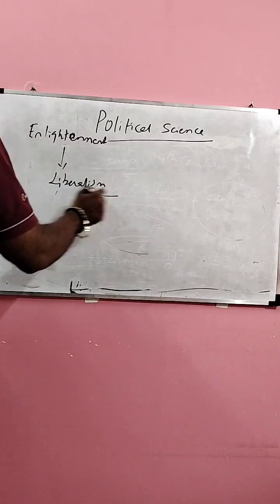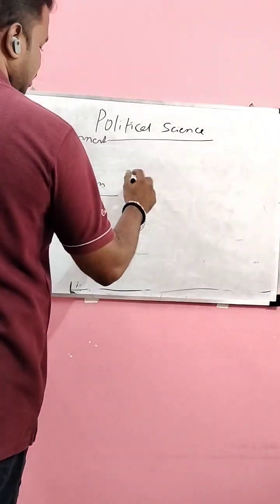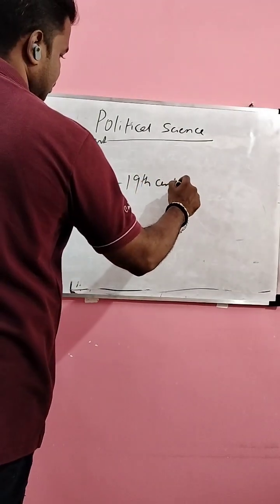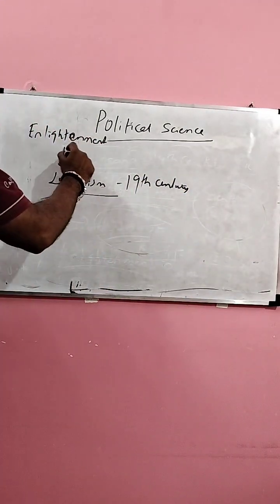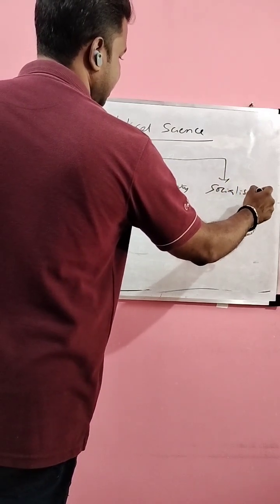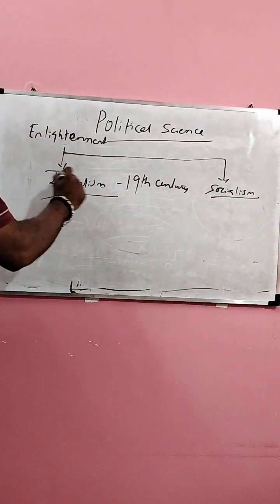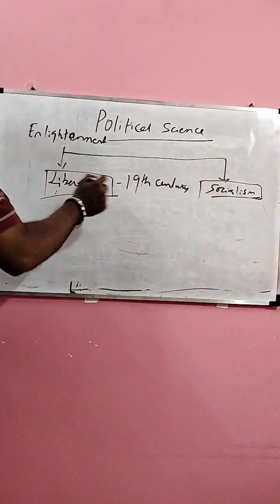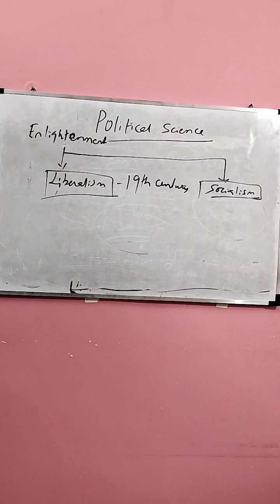Liberalism emerged as a major political philosophy and ideology in the 19th century. Enlightenment also contributed to socialism, which we will study separately. So both philosophies derived from Enlightenment, but liberalism owes much to Enlightenment.